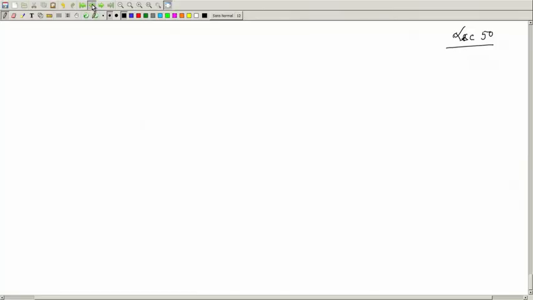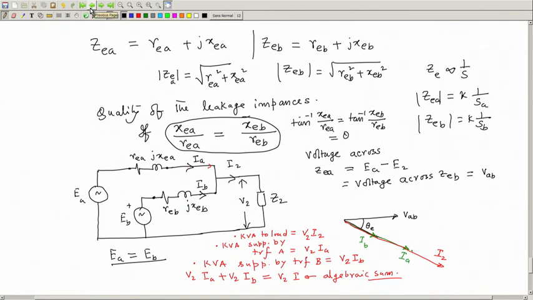Welcome to the 50th lecture on Electrical Machines 1, and we have been discussing parallel operation of transformers. We have seen in our last class that the leakage impedances of the transformers should be inversely proportional to the kVAs, in ohms, and it is always better if the qualities are also the same.